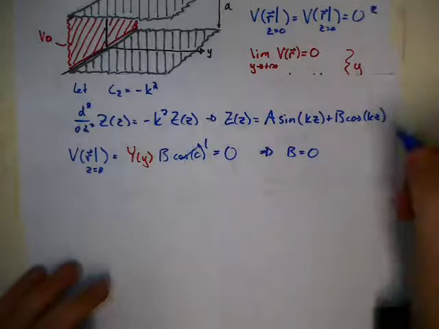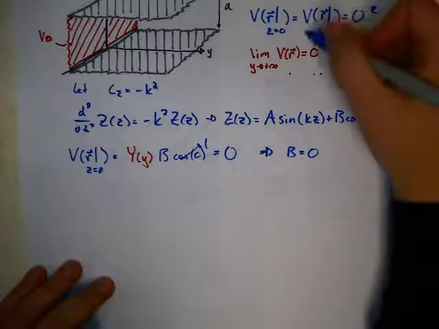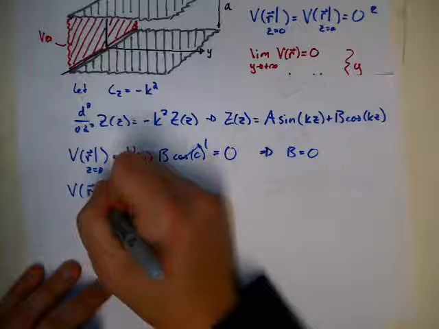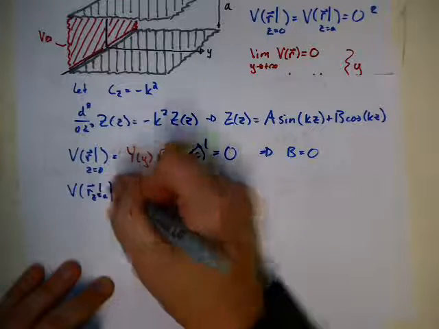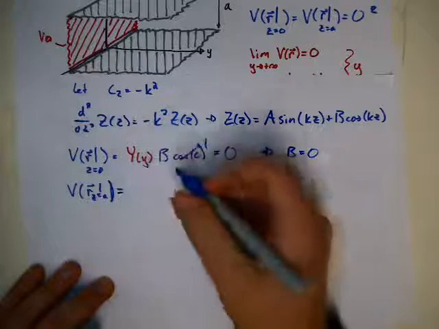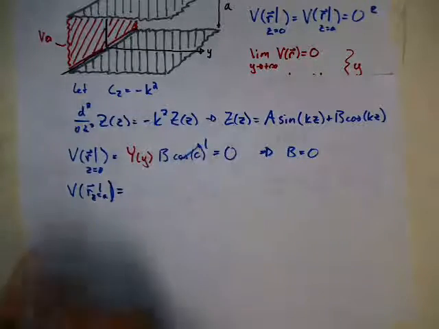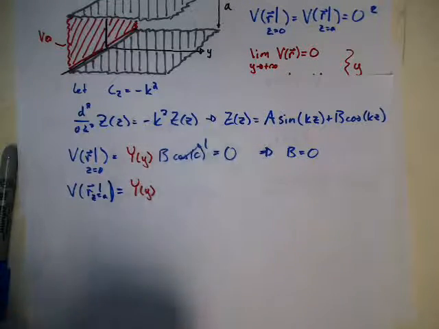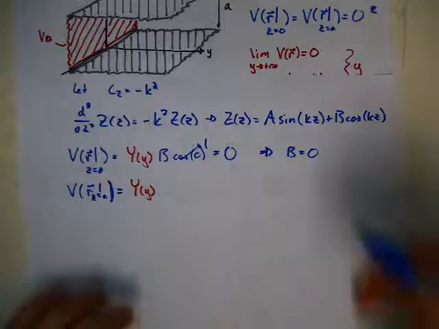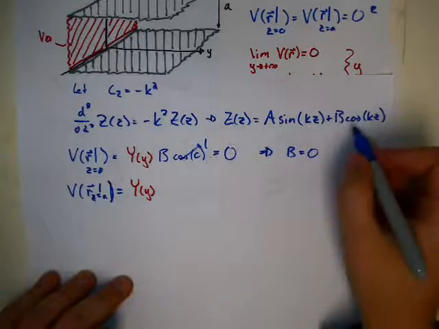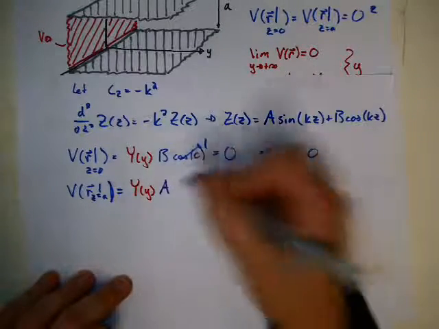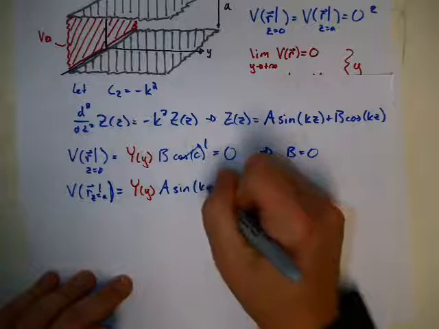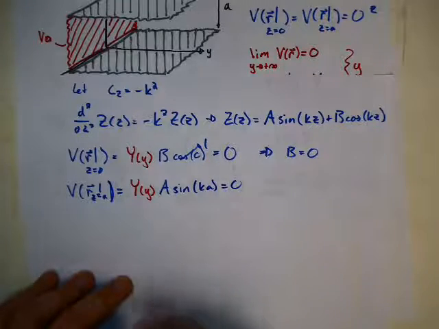Now we're going to apply our other boundary condition here. So the second boundary condition is this guy. So that is v of r at z equals a. And again, we're just going to get whatever the y is. We don't have to explicitly write it out yet. And then here, b is already 0 from the top, so we're only going to have the a. So this is a sine of ka. This must be equal to 0.